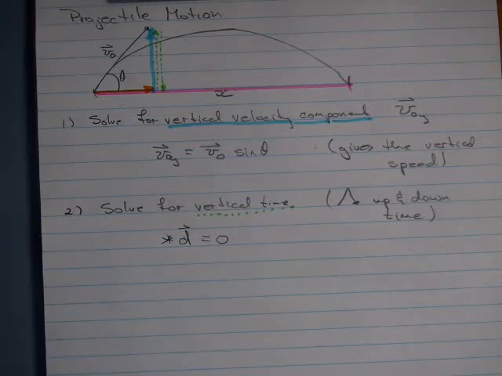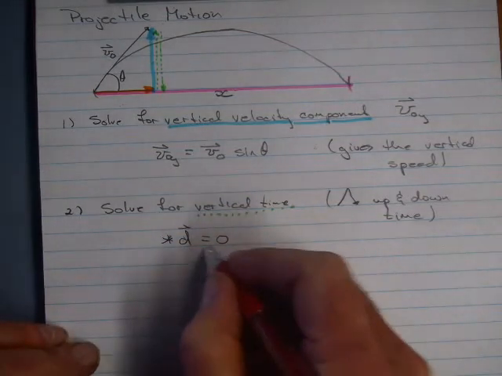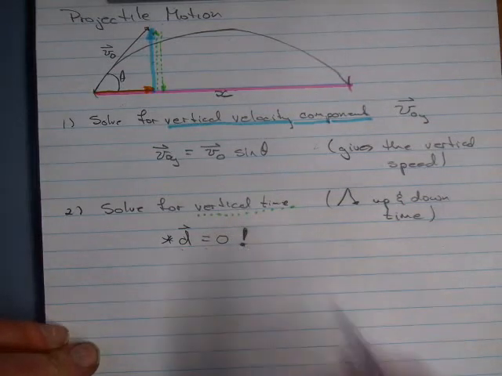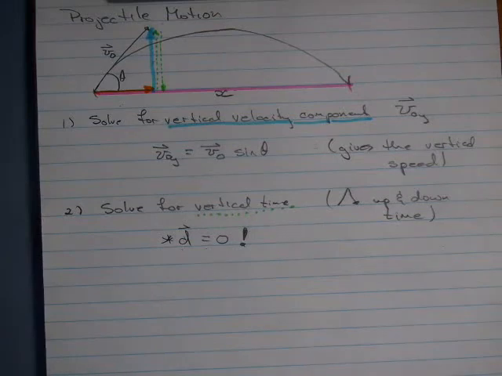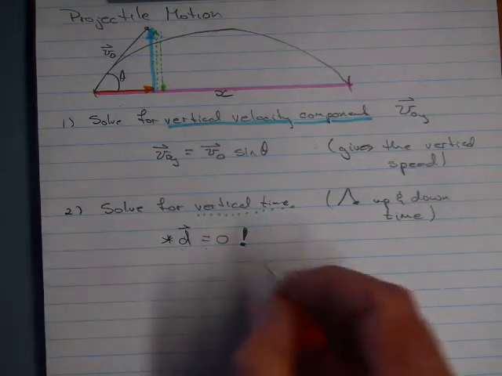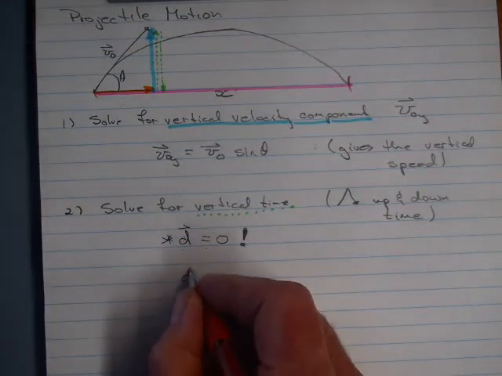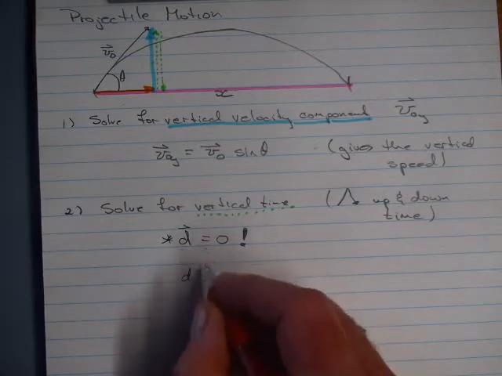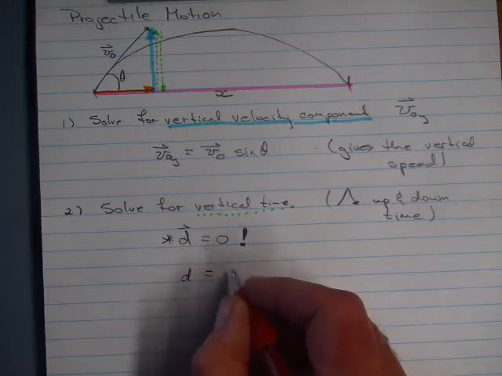So the displacement is equal to 0, and this is a thing of beauty because it actually allows us to do the calculation. And so what we're going to do is substitute this in, making this equal to 0 for this equation.